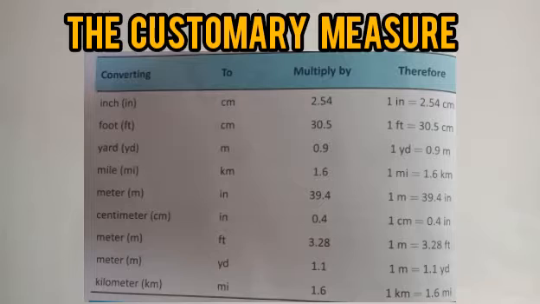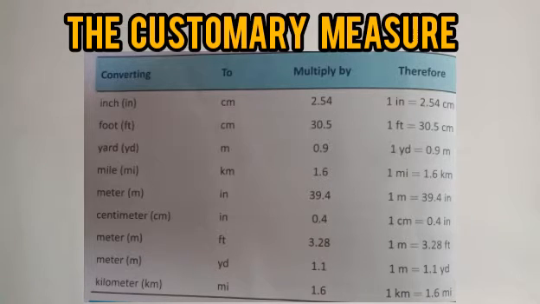What we will do is multiply by these, which are given. Therefore, 1 inch is equal to 2.54 centimeter. 1 foot is equal to 30.5 centimeter. 1 yard is equal to 0.9 meter. And 1 mile is equal to 1.6 kilometers.